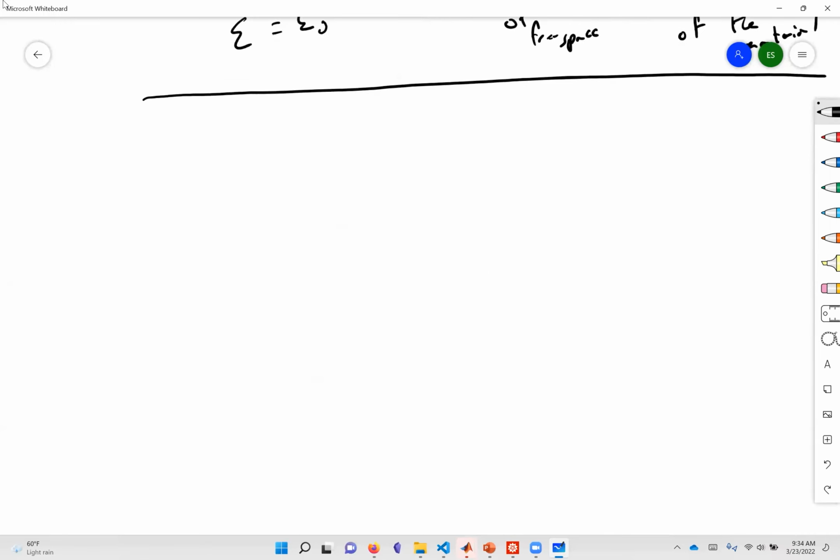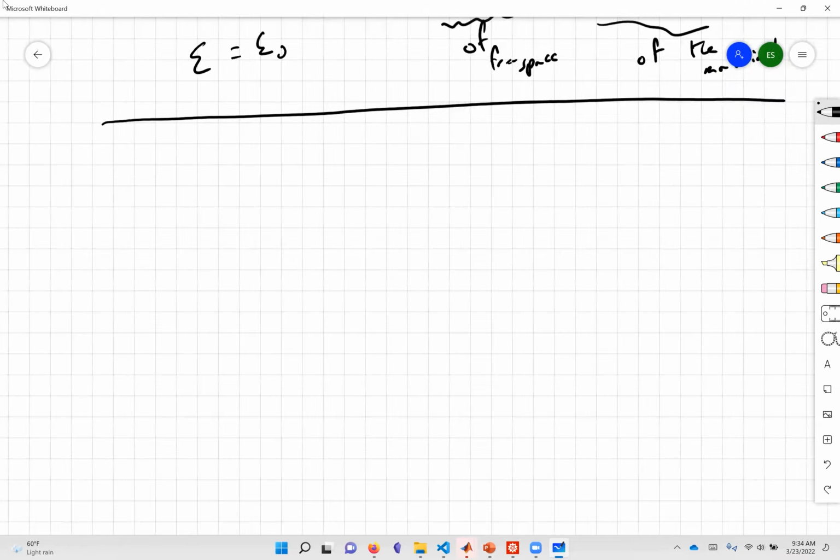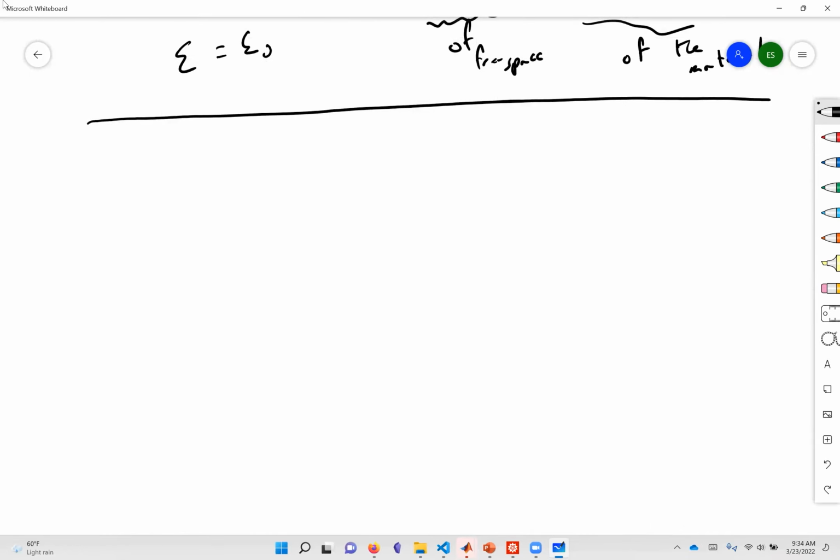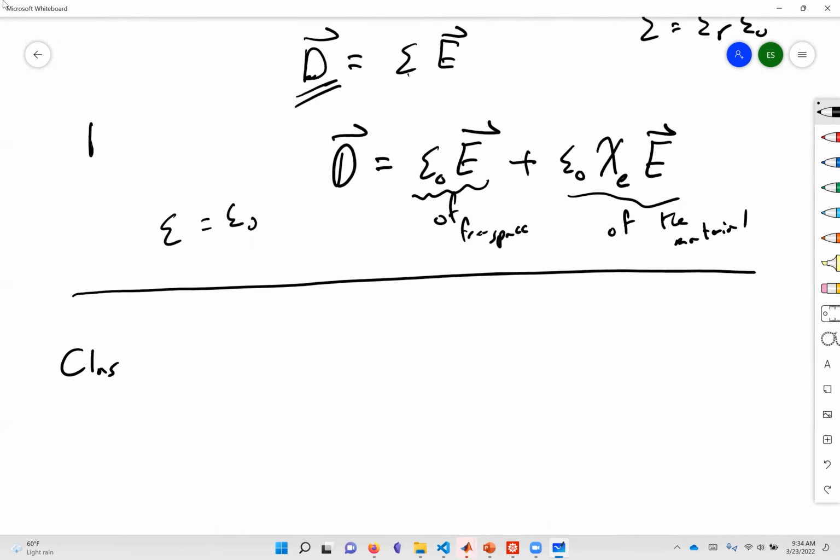So I want to now investigate this further. We want to refine the classification. I want to talk about how we can classify dielectric materials. I said essentially the model for dielectric materials is D equals epsilon E: the polarization of free space plus the polarization of the material depends on E using this constant.